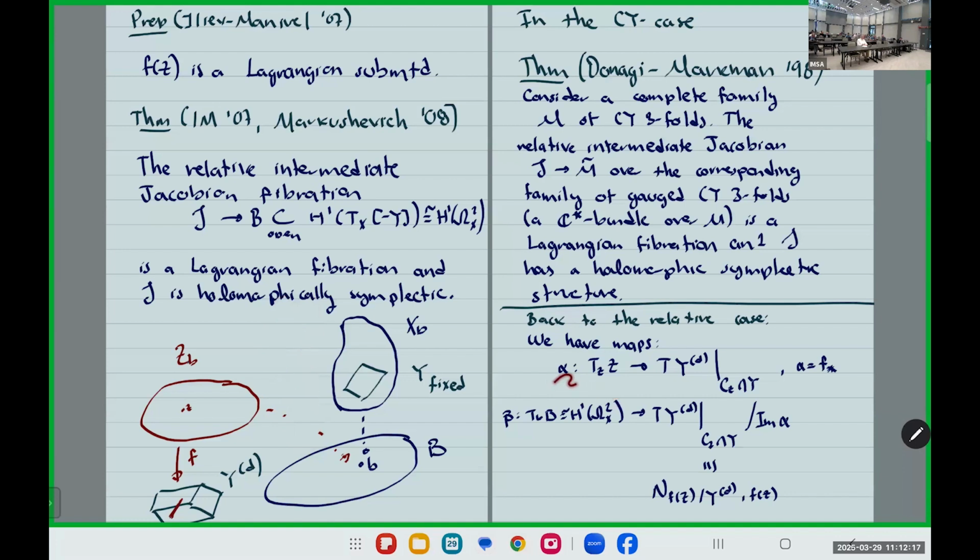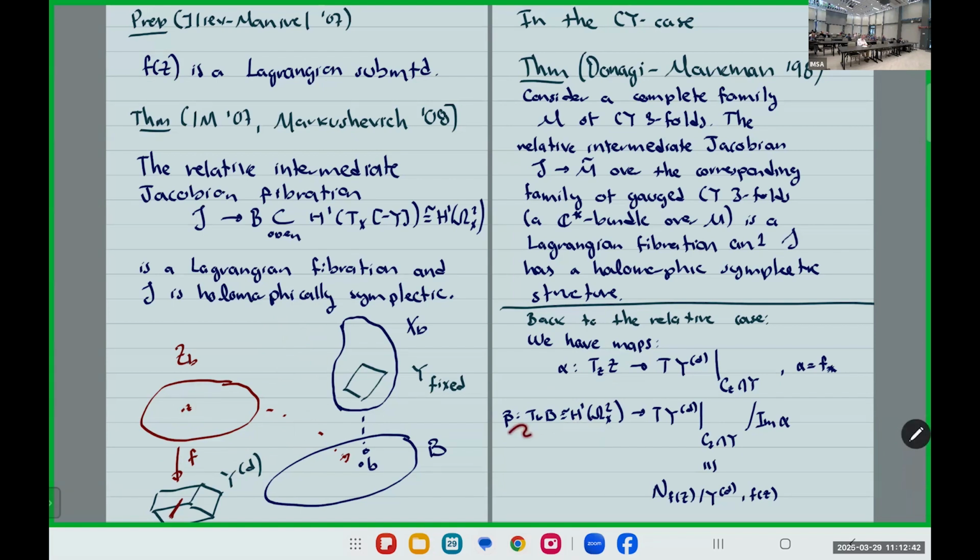And now, let me denote by alpha a map from the tangent space of Z to the tangent space of Y^D. And so this is basically the derivative of the map that I considered before. We have a vector, it intersects Y in D points. This is the derivative of this map.